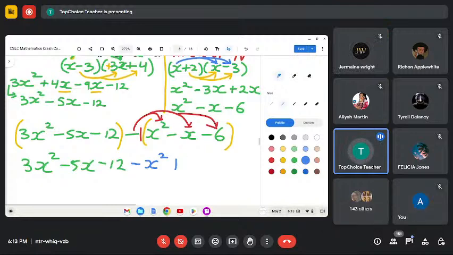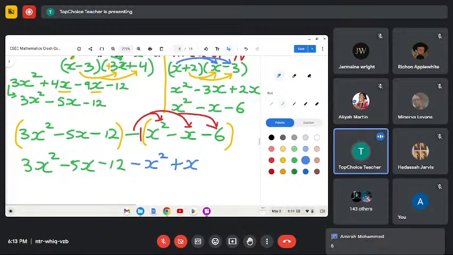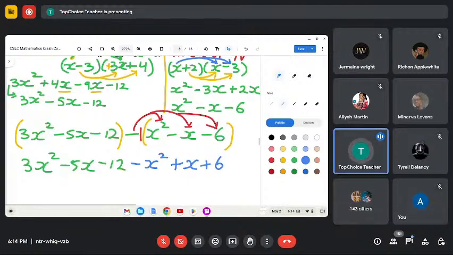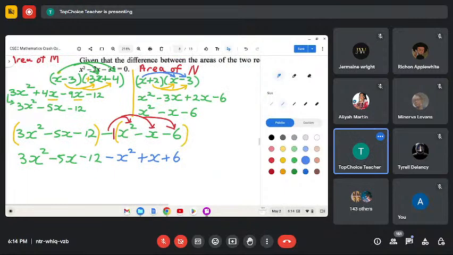Why this was important? The sign changed. And if I take -1 and multiply it by the -6, what would happen to this -6? Positive 6. Very good. And this is a step that many students would leave out and get the whole question wrong, even though you know most of this question.